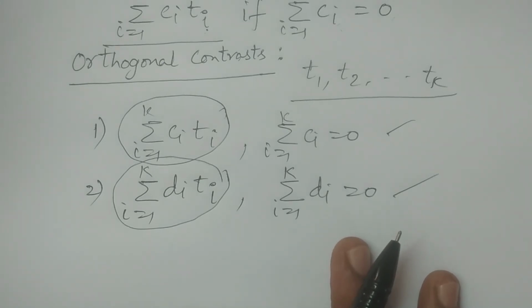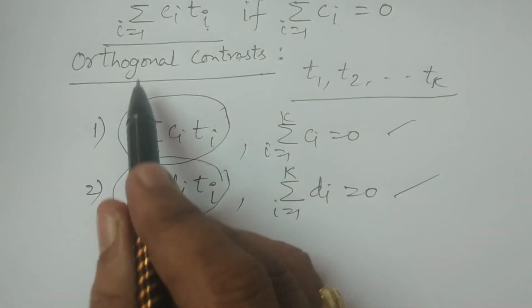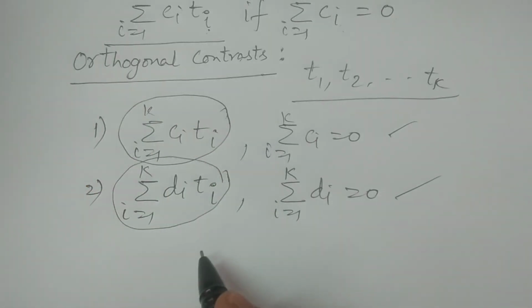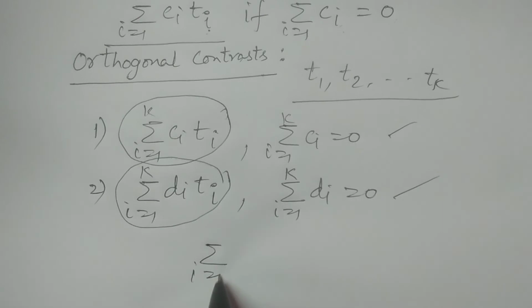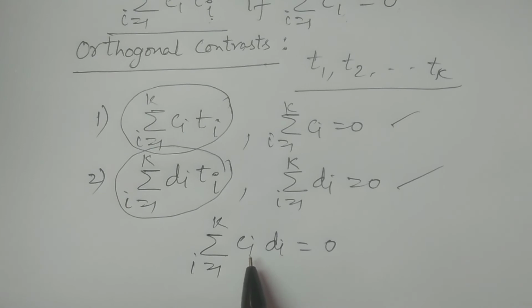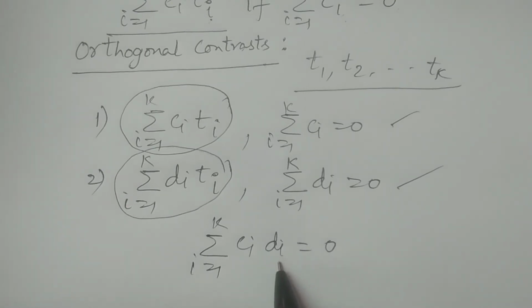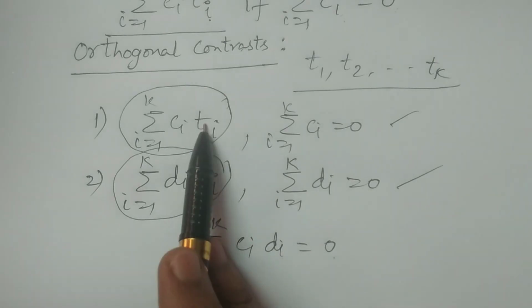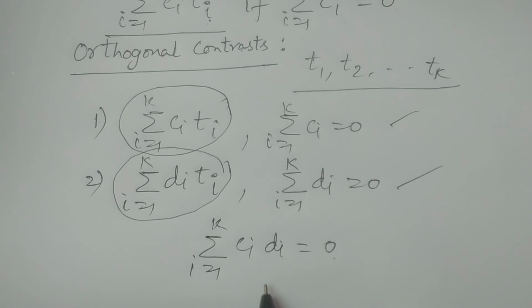When are these two contrasts called orthogonal? We have one condition. If you multiply the two constants C and D and add them, summation i equal to 1 to k Ci Di, and it is equal to 0, then these two contrasts are said to be orthogonal.